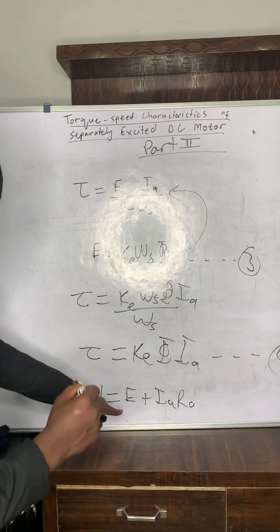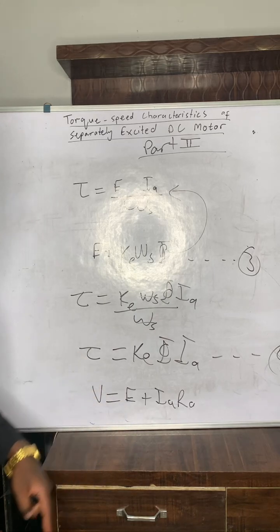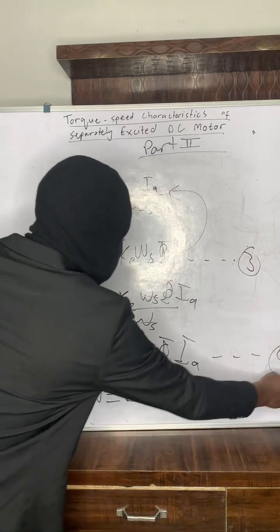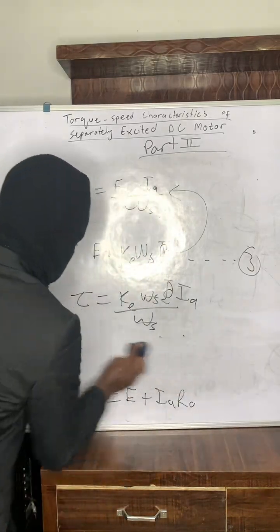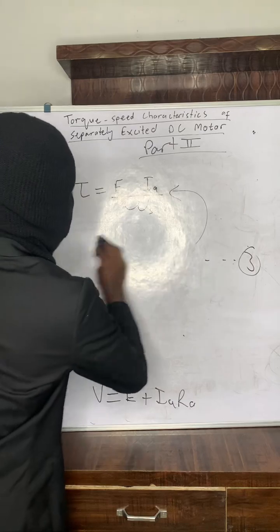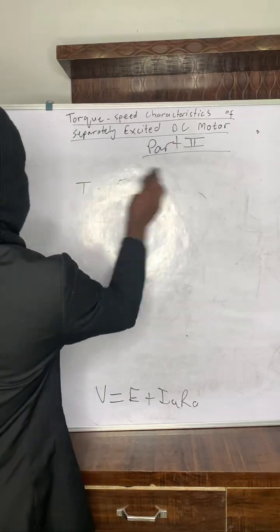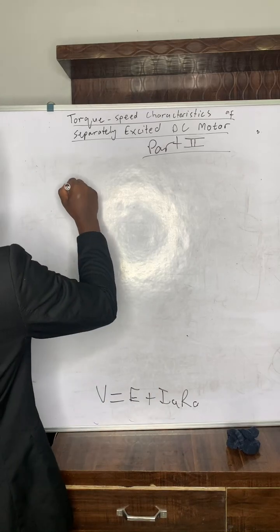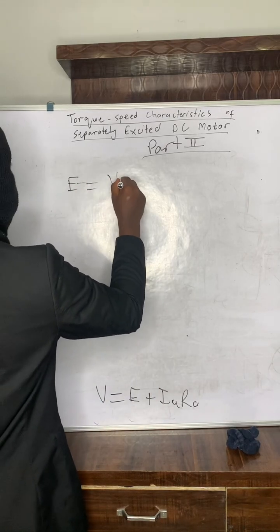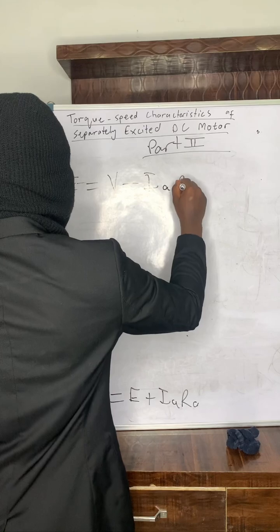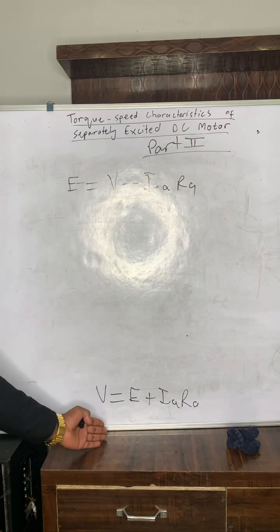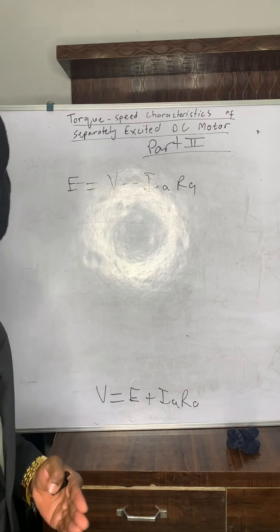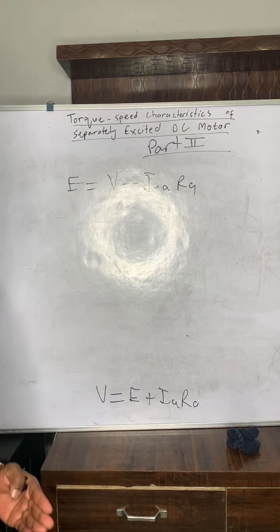We are going to rearrange this equation, making E the subject of the formula. We are going to be left with E is equal to V minus IA RA. What we have just done is make E, our back EMF, the subject of the formula.